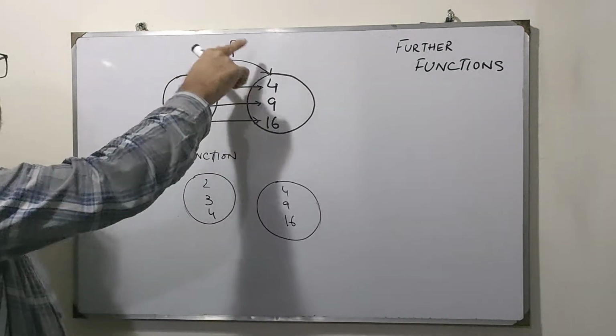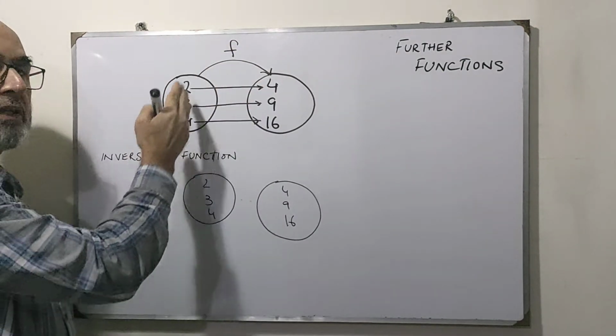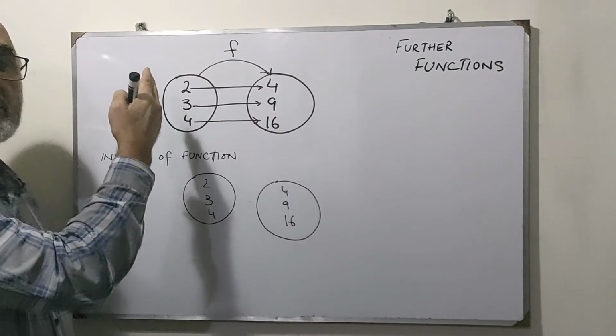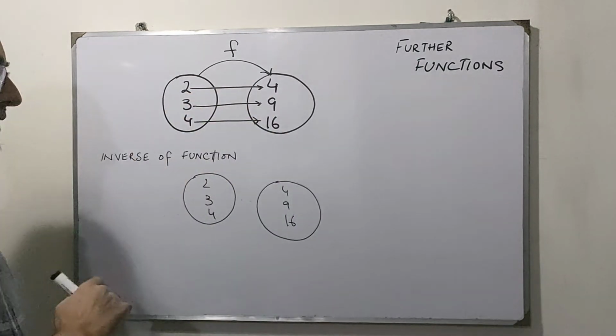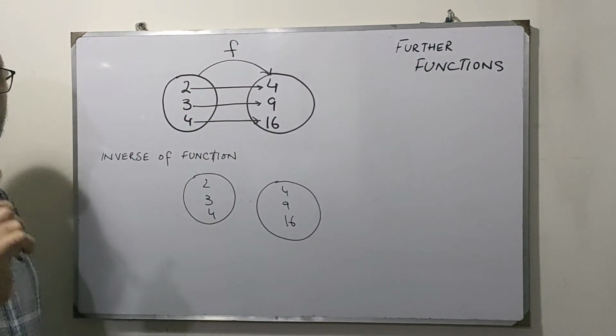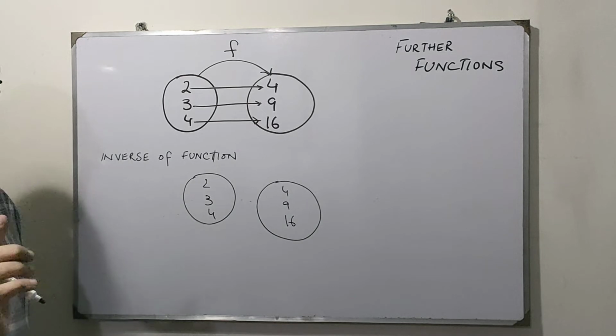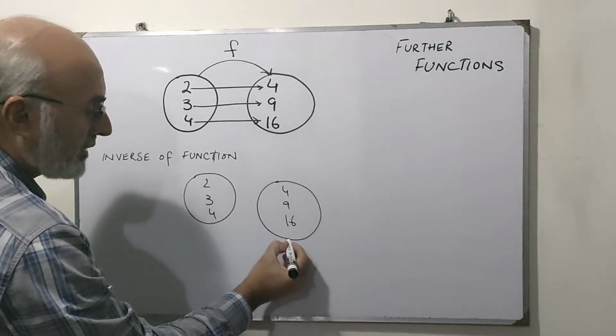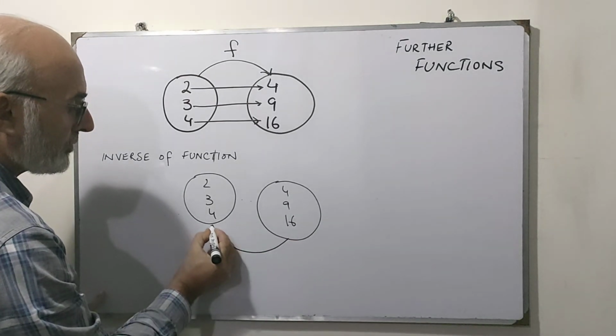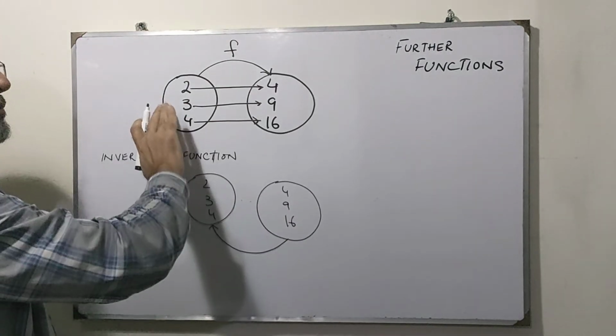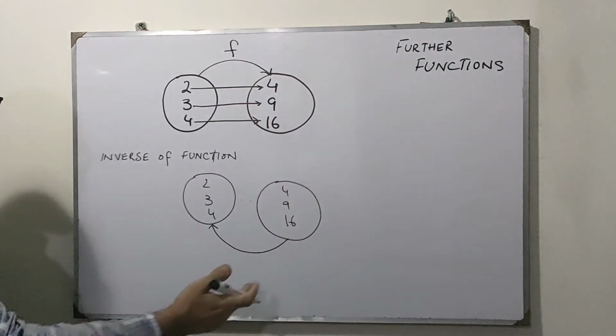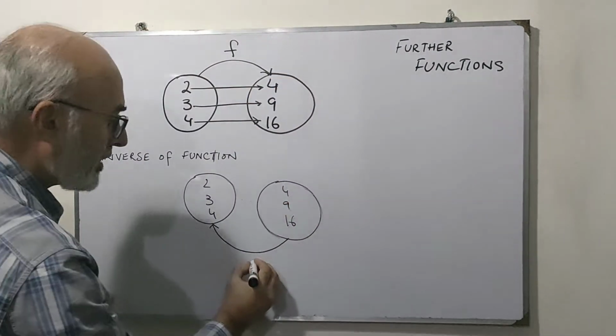So this was the function from domain to codomain, and when we input a number we get a square. Now we are talking about an inverse of a function. So in an inverse, the arrows are reversed. First it was from domain to codomain, now from codomain to domain. So this is the inverse of a function.